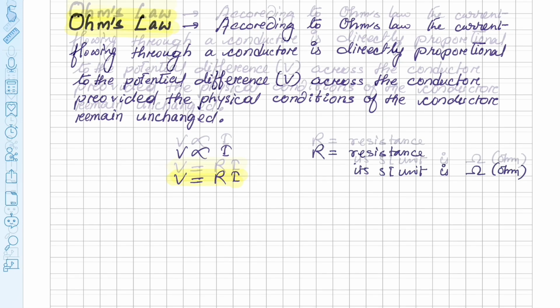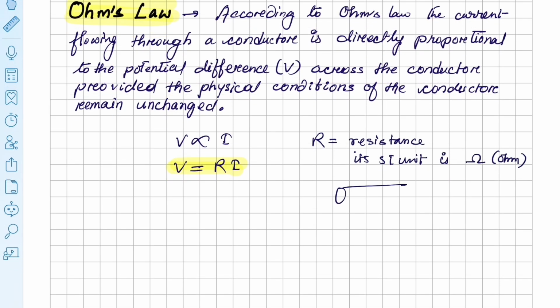Now you see, the resistance of a conductor depends on its length, and also depends on its area of cross section, right? The resistance of this conductor is directly proportional to its length and inversely proportional to its area of cross section.